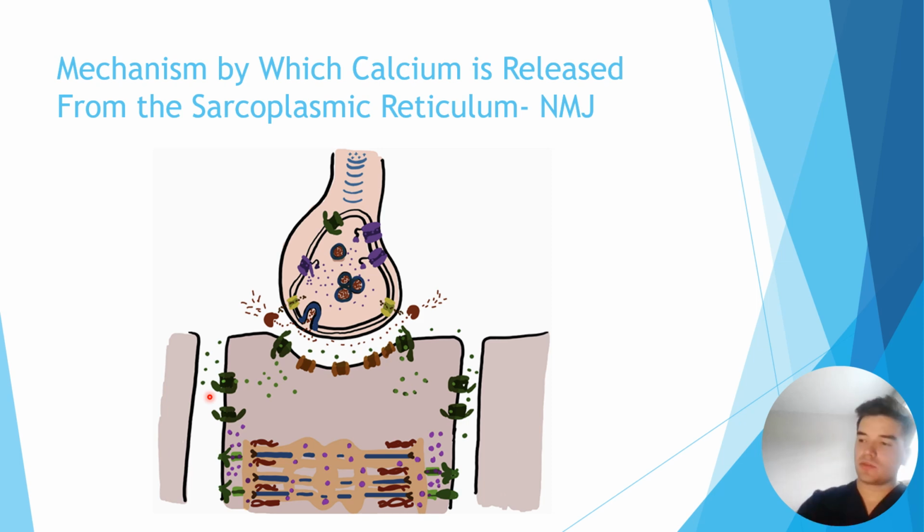And we'll come back to the motor end plate in just a bit, but with the membrane potential continuously sending a signal down, we talked about how the invaginations there, also called T-tubules on the sarcolemma, will go down deeper along the walls of the cell, and this will allow for more channels to open and for something called the conformational shift to occur on what's called dihydropyridine or L-type calcium.